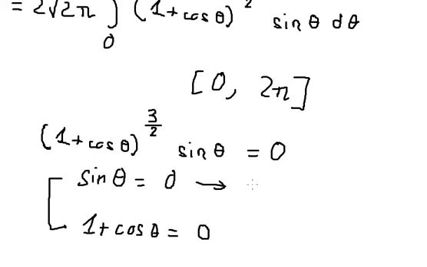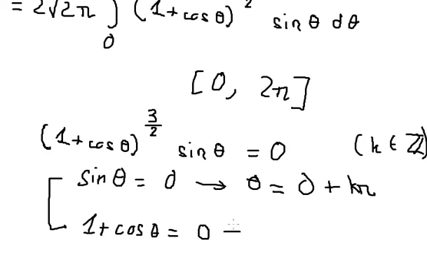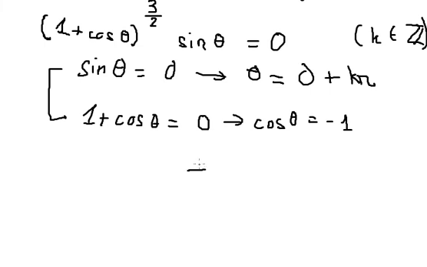For this one, we have theta equals 0 plus kπ, and k should belong to the integers. The next one, we have cosine theta equals negative number 1. So we have theta equals π plus k2π.